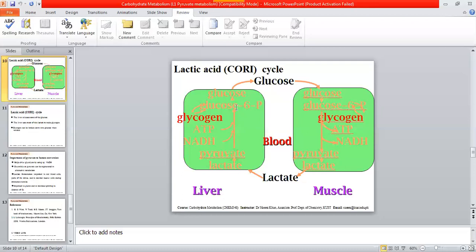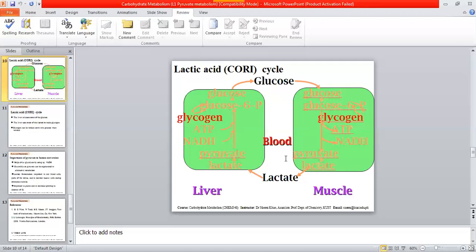Remember, in the liver the main pathway is the conversion of glucose 6 phosphate to glycogen, which is stored. But whenever there is a low glucose level, this glycogen is broken down and converted to glucose, and in glucose form it is passed back to muscle. In this way, this helps to maintain the glucose level normal in the body.